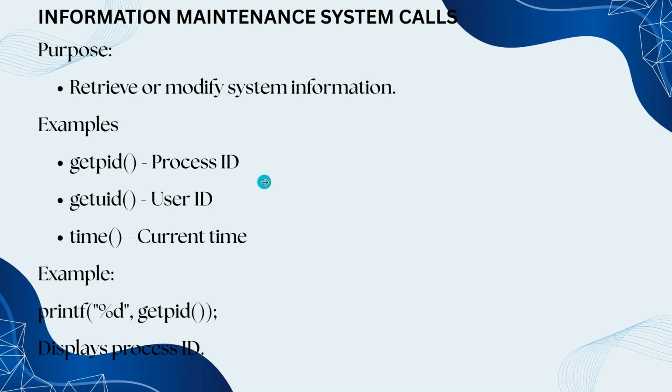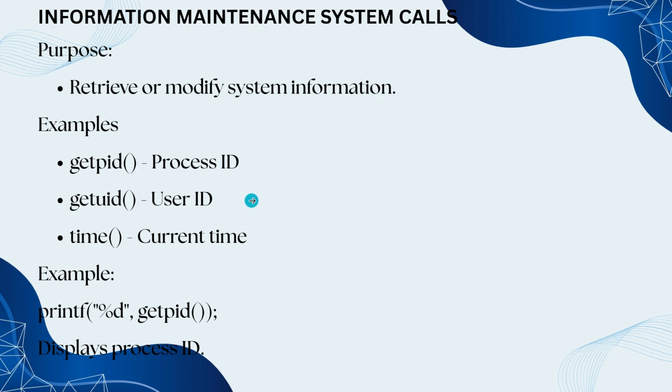The next is information maintenance system calls. They are mainly used to retrieve or modify the system information. Here the common system calls are getpid, that is get process ID. If you want to get any process ID, we can use this system call getpid.